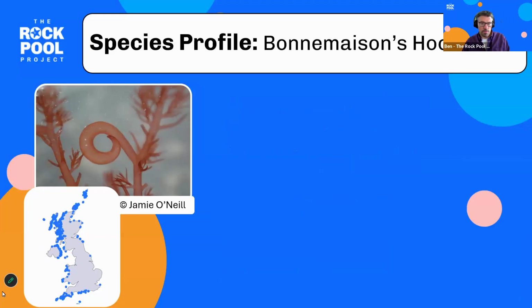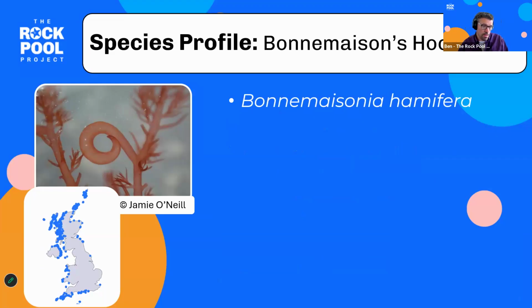Now, next one is Bonnemaisonia hamifera, or the hookweed, which is an interesting one, as I mentioned, because it established itself down here in the south of England. But it's not one that we typically see a great deal of now.